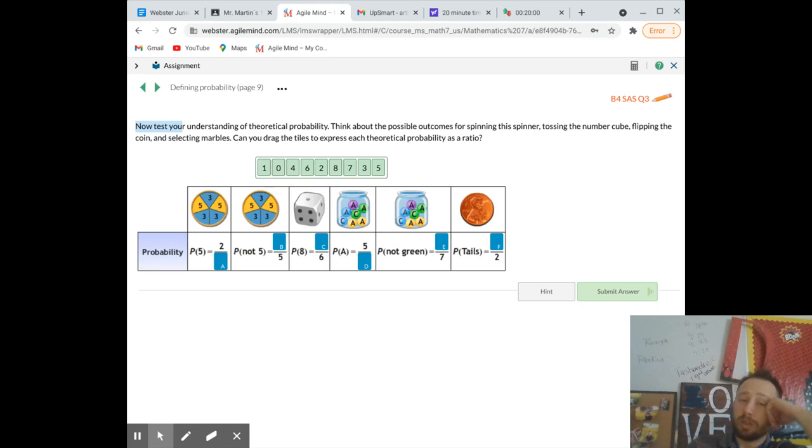Okay, so it says the probability of selecting a 5 is what? 2 out of 5. Perfect job, because there's 5 what? There's 5 sections on the wheel. Y'all got it going on. All right, so Isabella, how would you determine the probability that you will not select a 5?